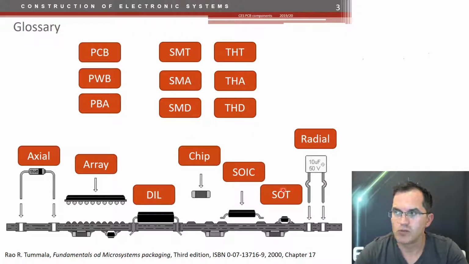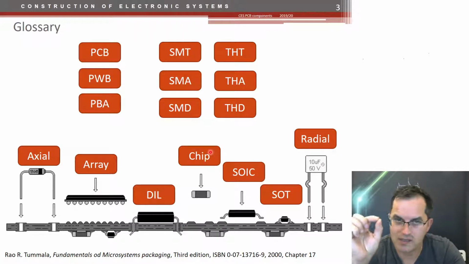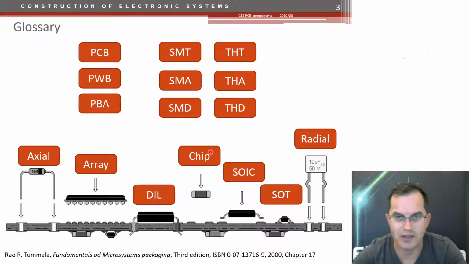Then we have small outline transistors, small outline integrated circuits. We have chip components. Chip is actually not an integrated circuit. Chip means a small piece of square shape. We have array components, and that's it. They can be both sided, top and bottom.